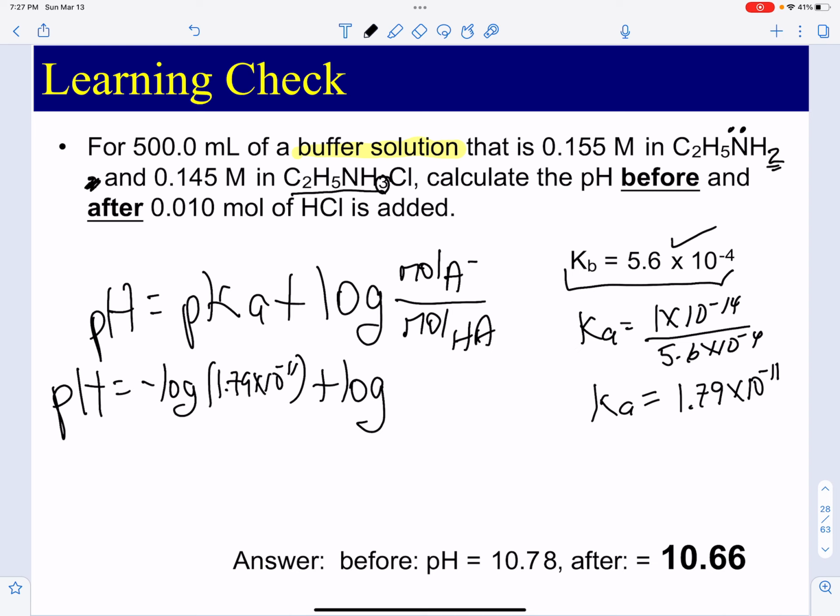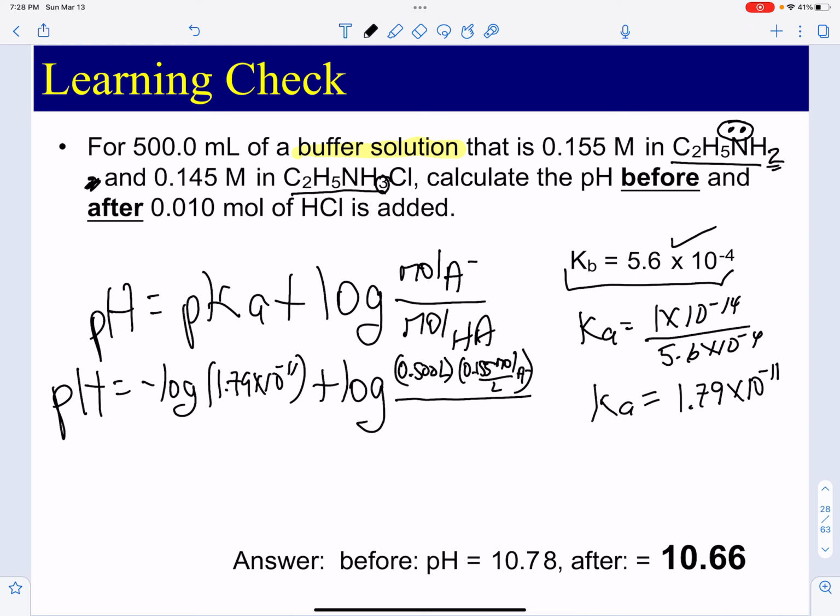We're going to say that the solution is 0.500 liters. And we're multiplying that by the conjugate base, which is 0.155 moles over liters. And that should give us the moles of the conjugate base. We know that's not going to be negative because it's going to be a Lewis base that's going to donate the lone pairs.